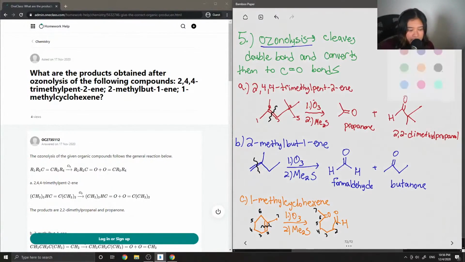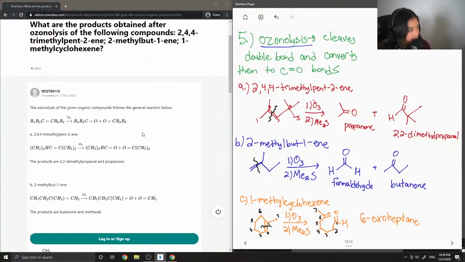So this is how this double bond broke. And the name of this is just 6-oxoheptane. Okay, so those are all the products after ozonolysis.